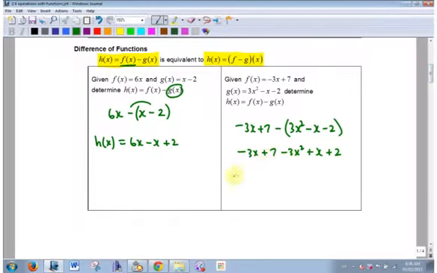Collect the largest degree first. I got that one. Minus 3x and x is minus 2x. 7 and 2 is 9. And I think that's got her. Okay. So far so good. Not too bad.